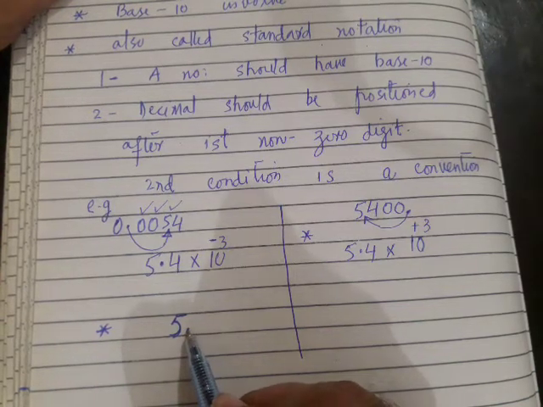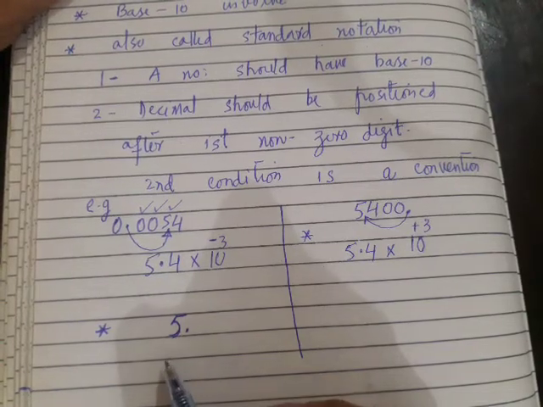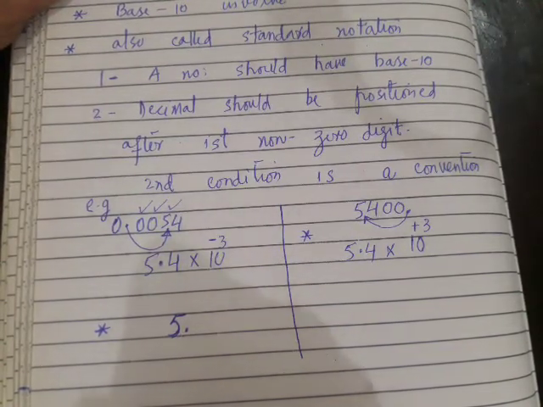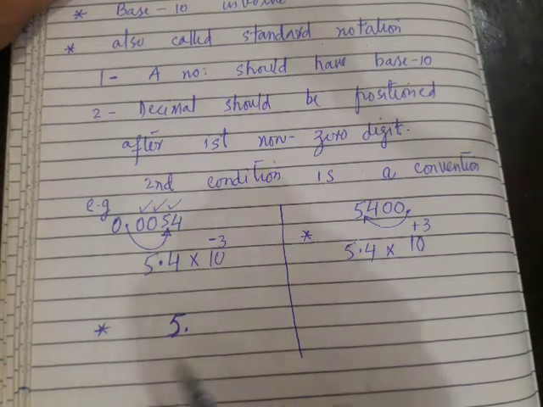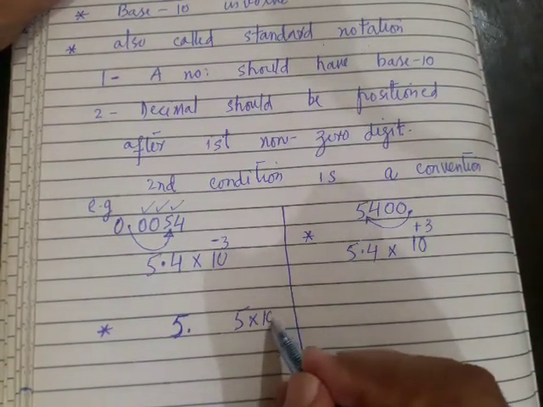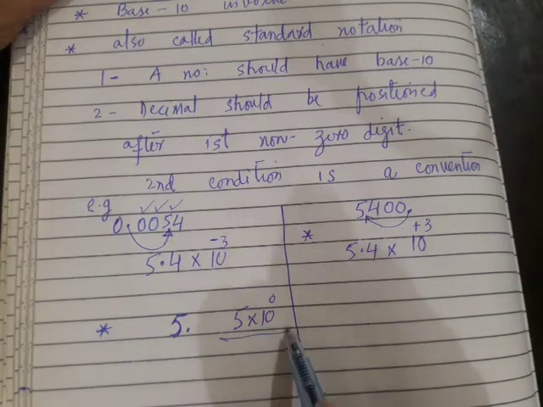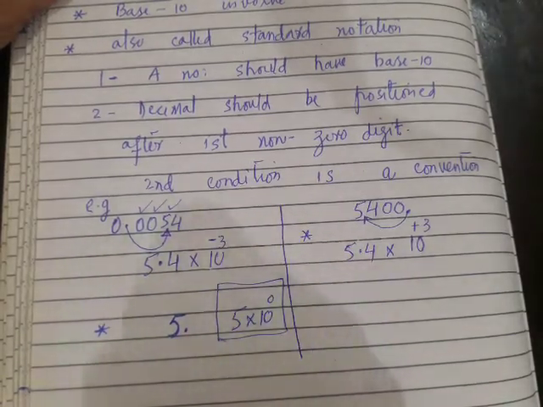So the decimal point is already after the first non-zero digit. Now how would we write this number? It can be written as 5 times 10 raised to power 0. We know that 10 raised to power 0 is equal to 1. So we can write it like this.